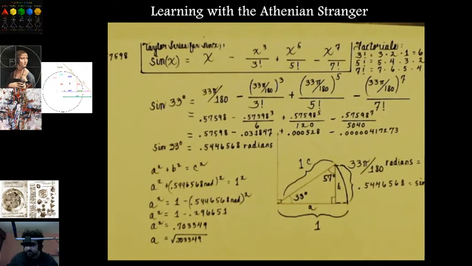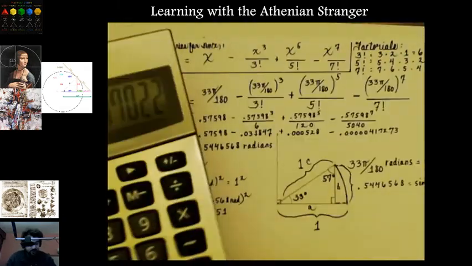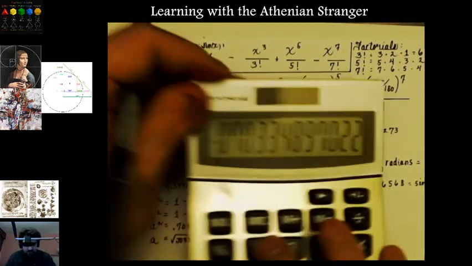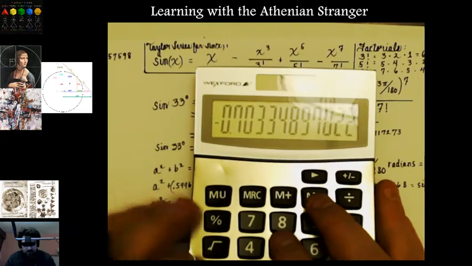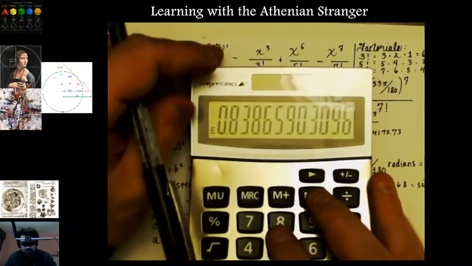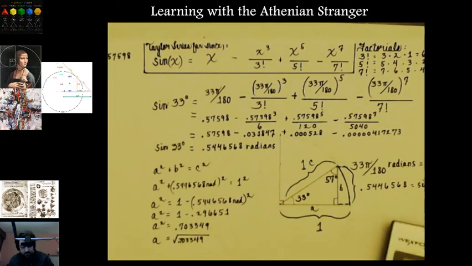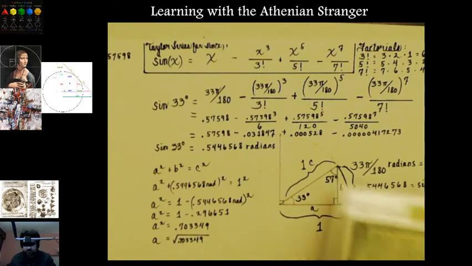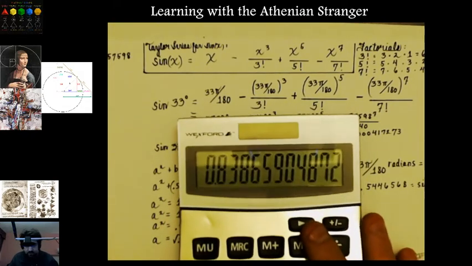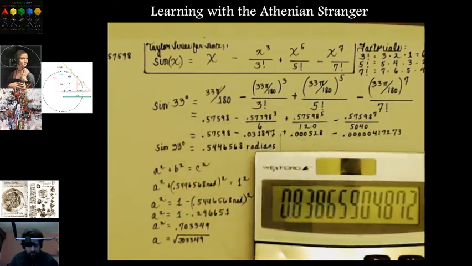Take the square root of that number. Now I don't have, oh I do have the square root. I didn't realize that. This calculator has a square root on it. So I can take the square root of this number. 0.703349 square root gives me 0.8386590.